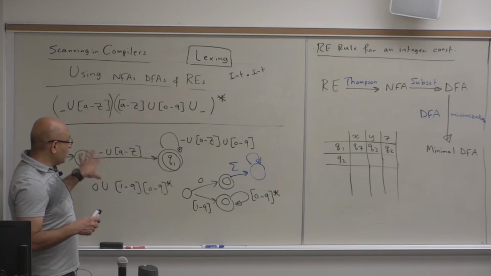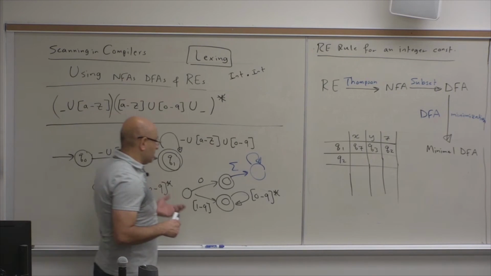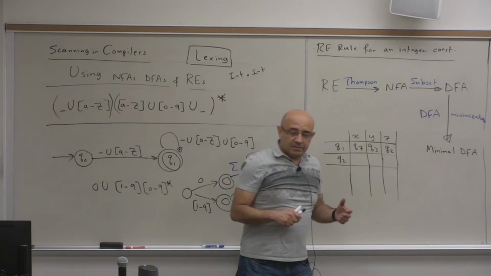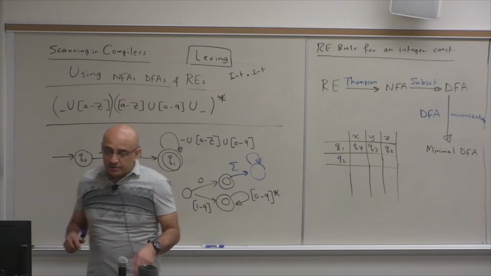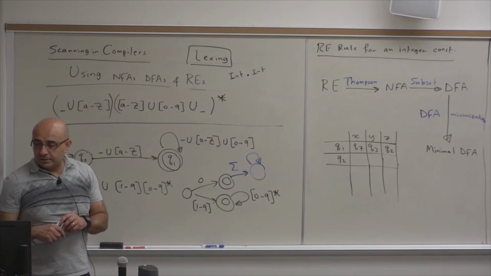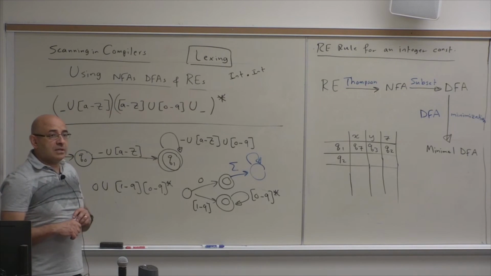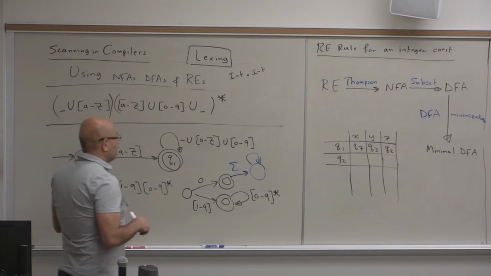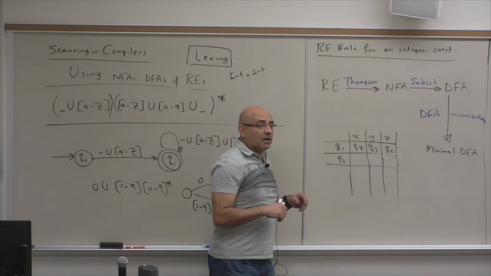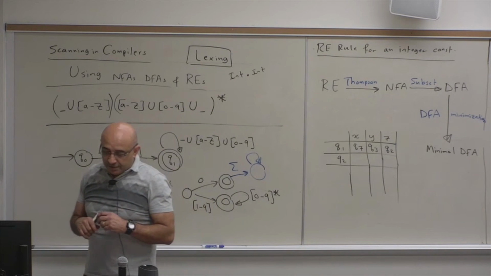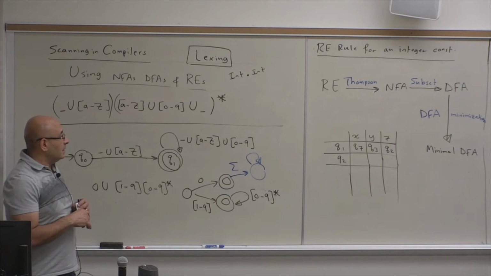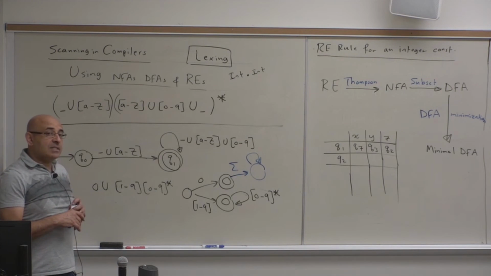Anyway, I'm trying to show you how these regular expressions can be converted into NFAs or DFAs. This should give you an idea about the usage of regular expressions and finite automata in doing scanning in a compiler.